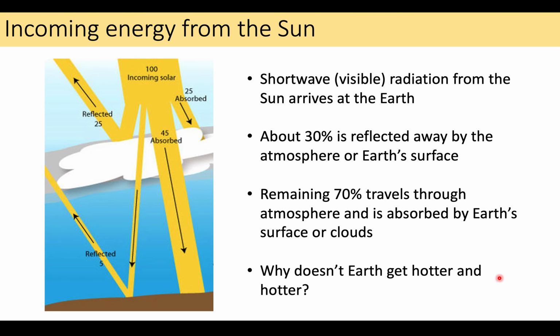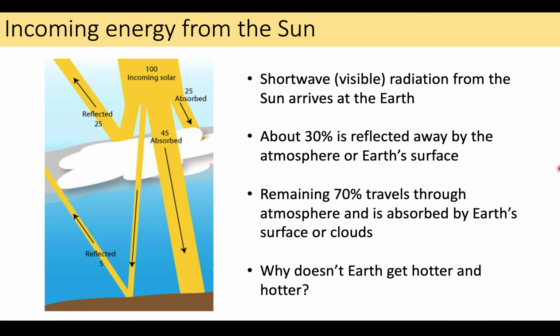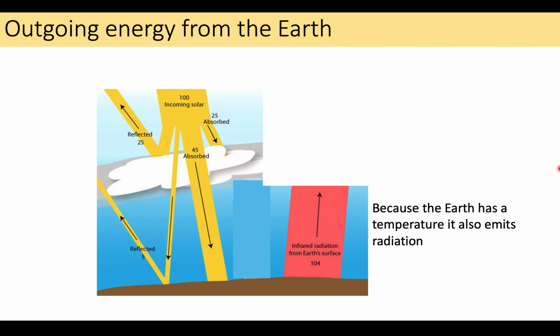So why doesn't Earth get hotter and hotter and hotter if we are constantly absorbing this 70% of this many watts of energy coming in from the sun? Because there's more to the diagram. There's also outgoing energy from Earth. Earth has a temperature.